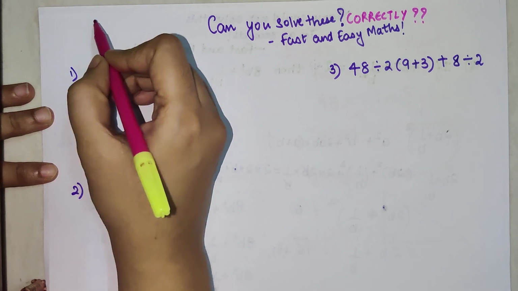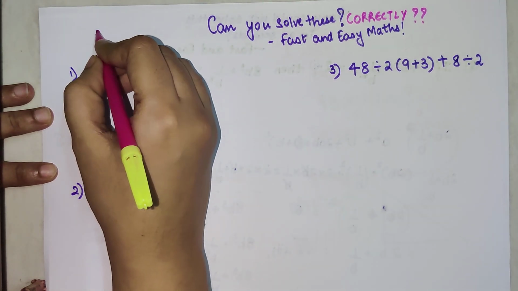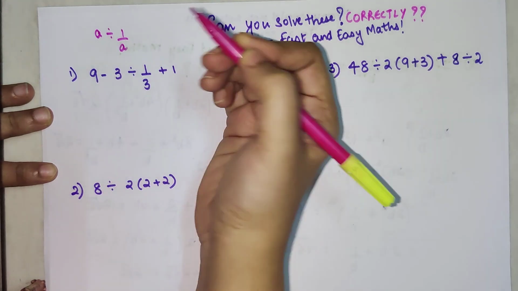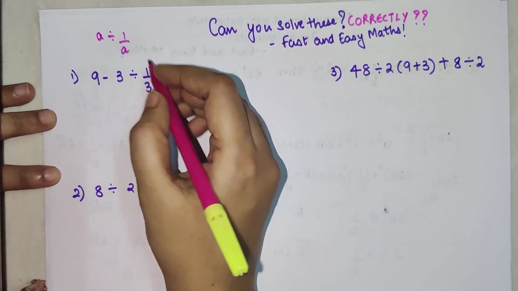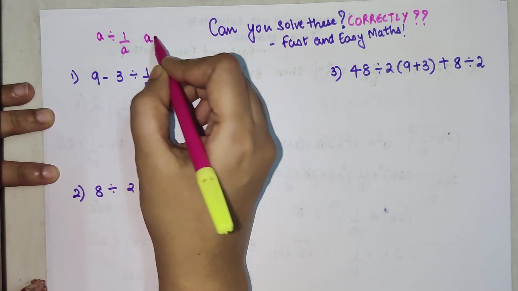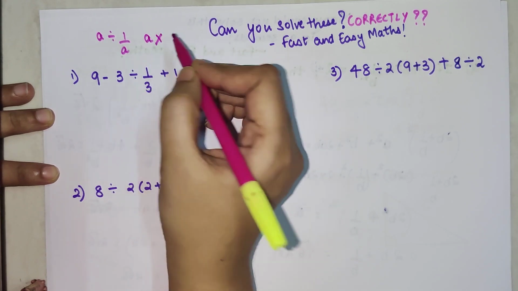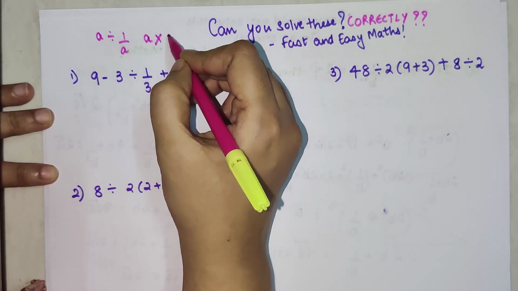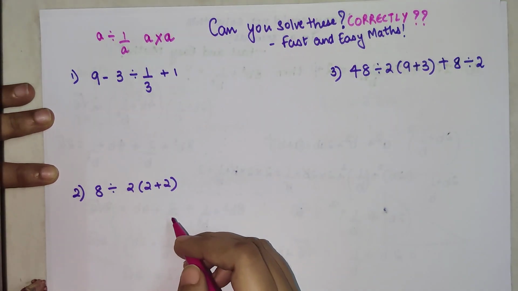Please understand, when you have anything, let's say a divided by 1 upon a, or any other number also, you simply convert this division sign into multiplication and take the reciprocal of this, so this becomes a into a.